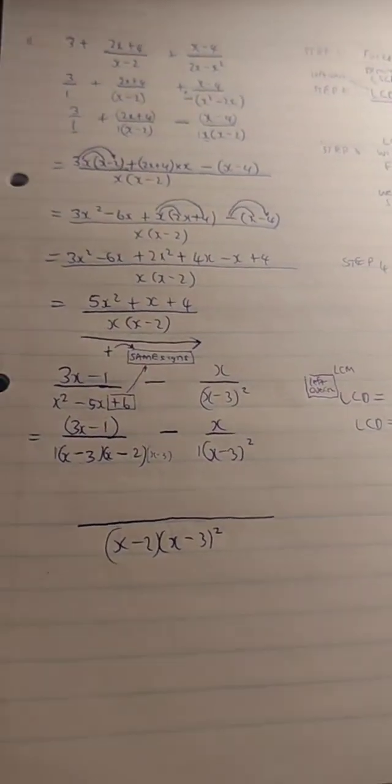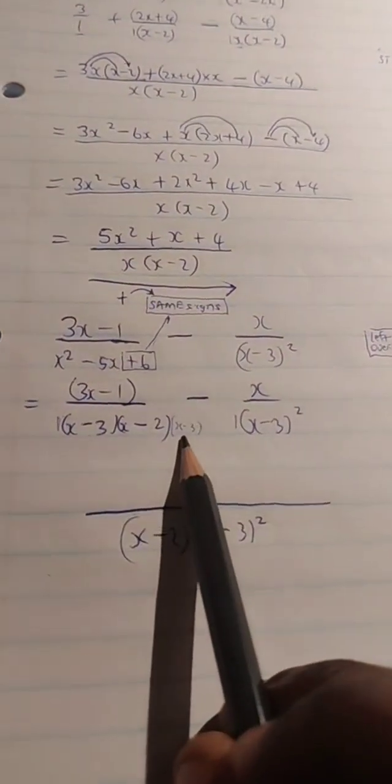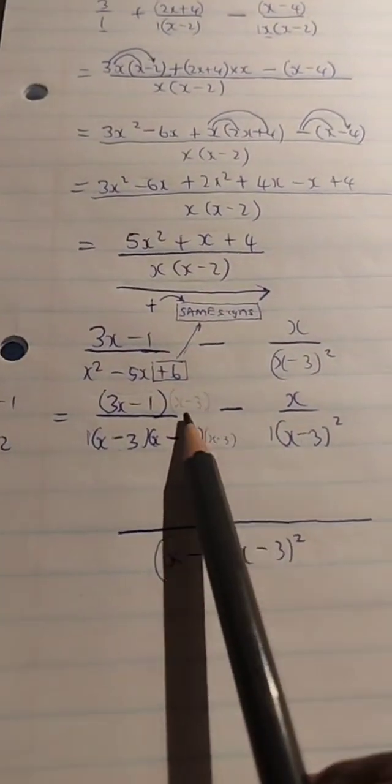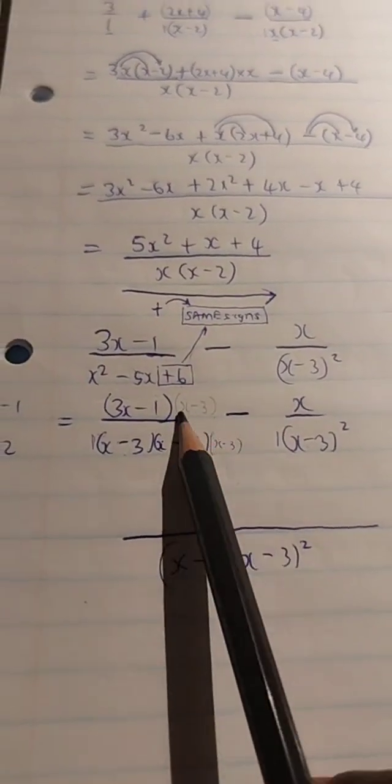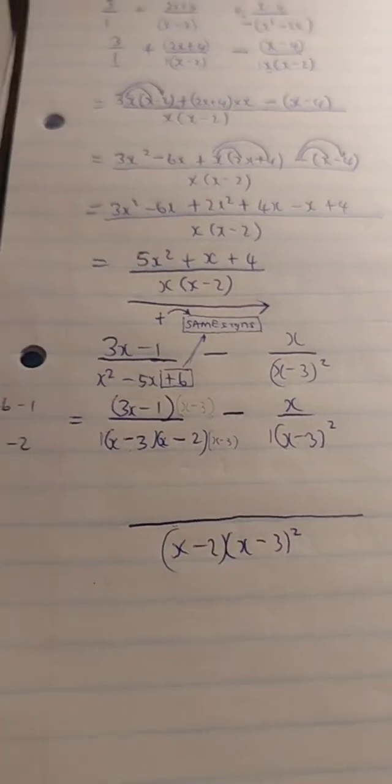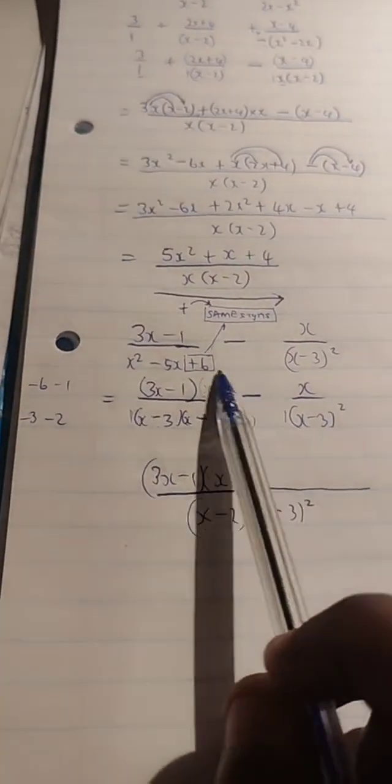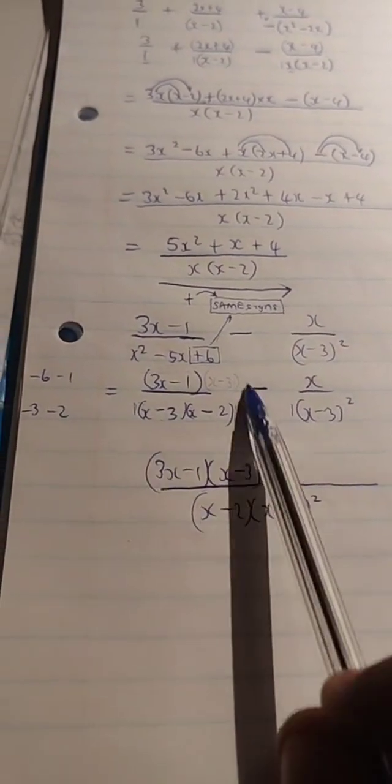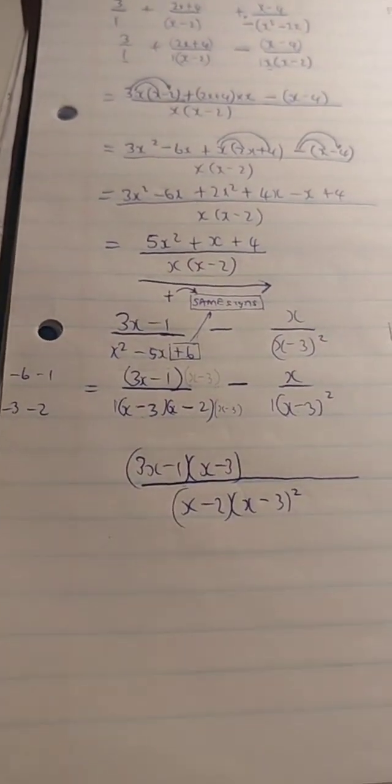But remember guys, if I'm going to put in that x minus 3, then at the top, in order for me to have my equivalent fraction, I'm going to have to multiply by x minus 3 there. So this is what I write here: 3x minus 1 into x minus 3. For my first fraction, guys, the equivalent fraction is complete.